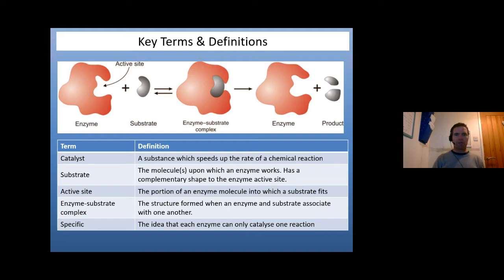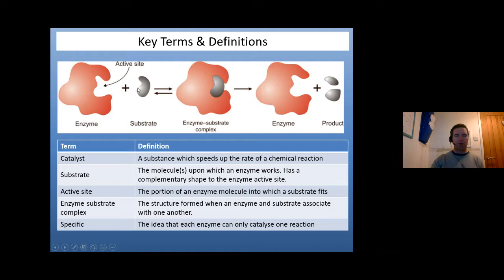So a catalyst we know is a substance which speeds up the rate of a chemical reaction. We could change the name catalyst to an enzyme and then put the definition as a substance which speeds up the rate of a biological reaction. But a catalyst is just, it speeds up reactions. You're familiar with the terms substrate and active site, and if we look at the diagram here, we can see an enzyme, we can see the shape of the active site, and we can see how the substrate fits quite nicely into that shape of the active site there.